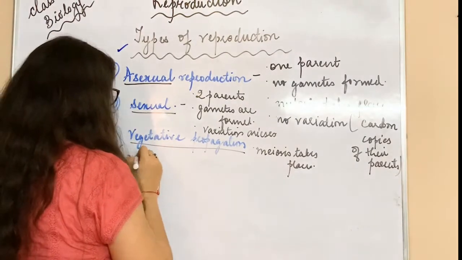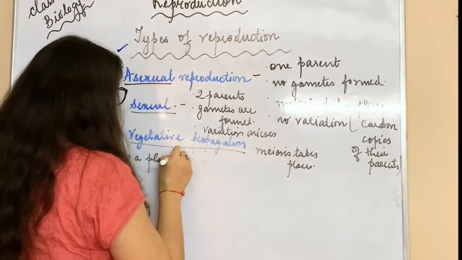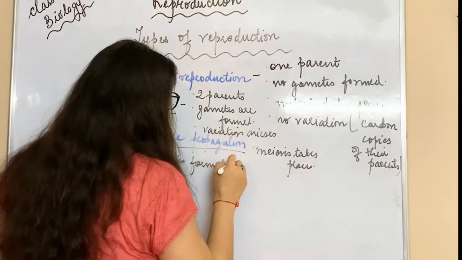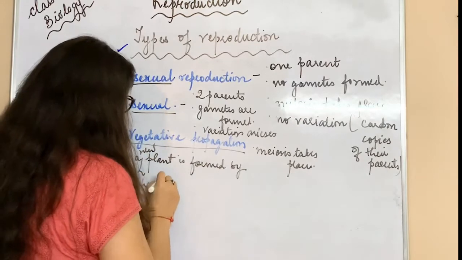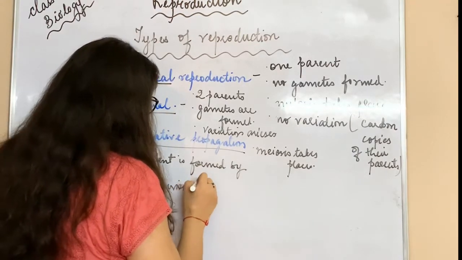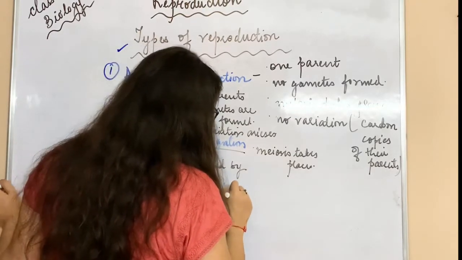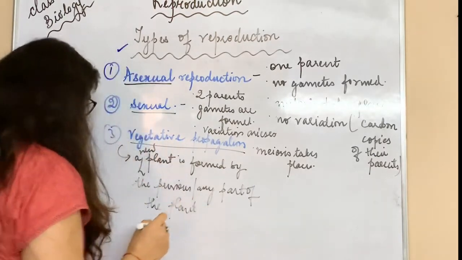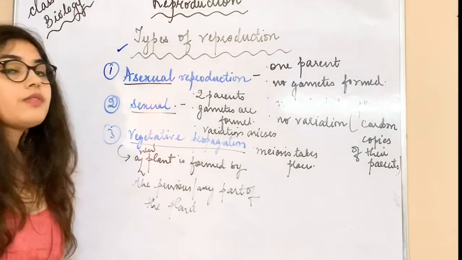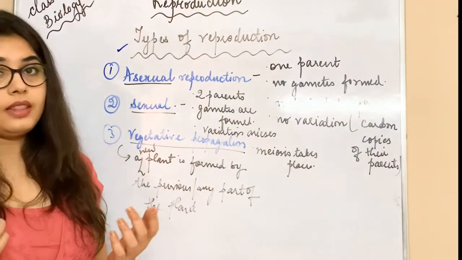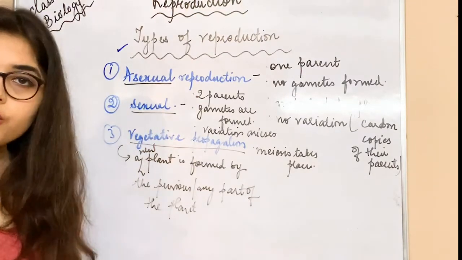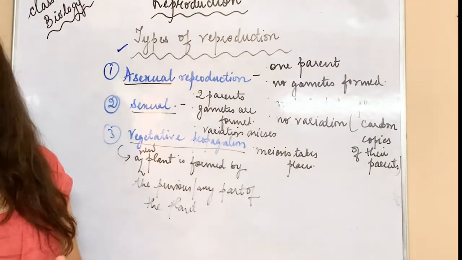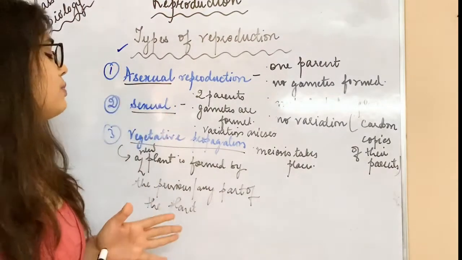Vegetative propagation means when a new plant is formed by any part of the previous plant. Whenever a new plant is formed from a part of the plant, that means it can be either root, shoot, or leaf. If a new plant is formed from them, then what do we call it? Vegetative propagation. So these are the various types of reproduction processes.